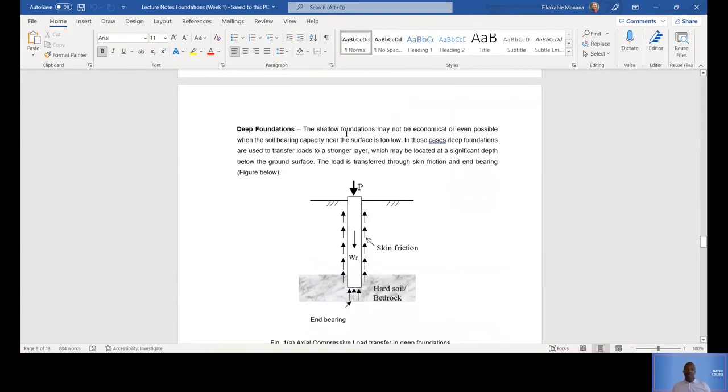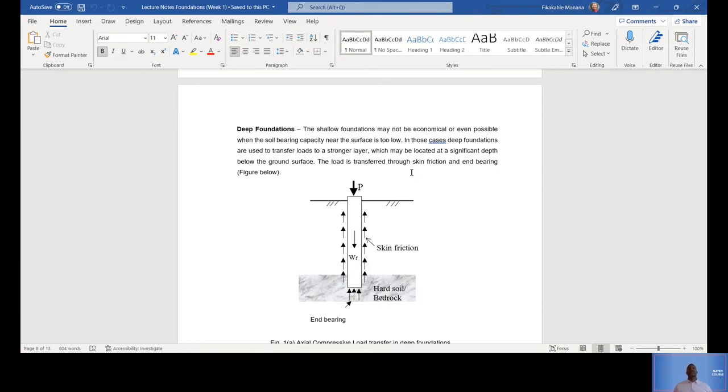Now it says this, the shallow foundations may not be economical or even possible when the soil bearing capacity near the surface is too low. Okay, remember when we spoke about soil bearing capacity, we're speaking about the soil's ability to carry the building. So if that soil's capacity to carry the building is very low, that means that soil cannot carry the building, then something can be done.